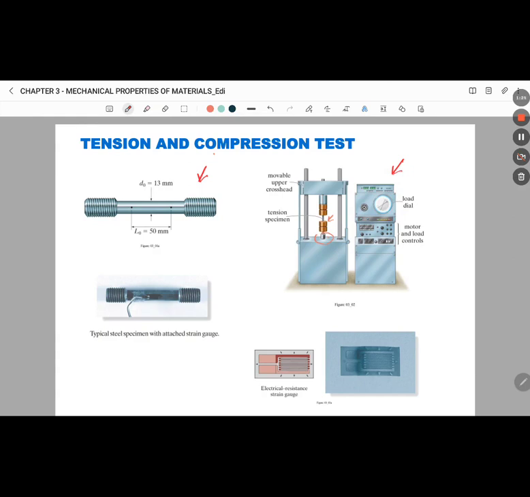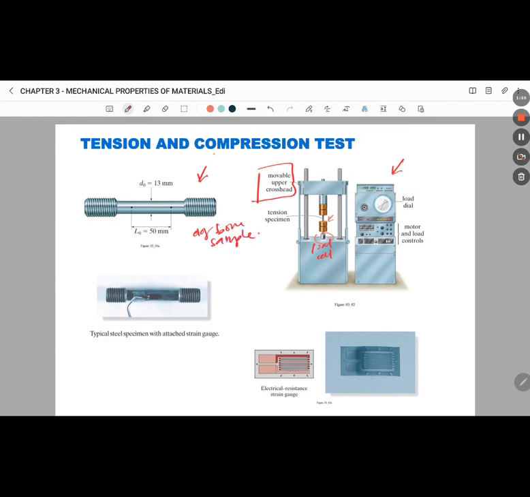The machine consists of a movable upper cross head, the tension specimen at the center over here, and also a load cell at the bottom. The samples for compression and tension tests we usually call a dog bone sample.